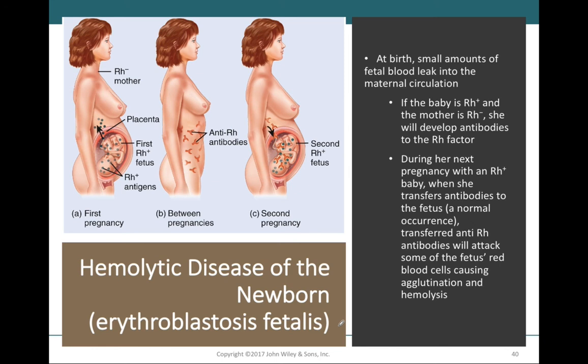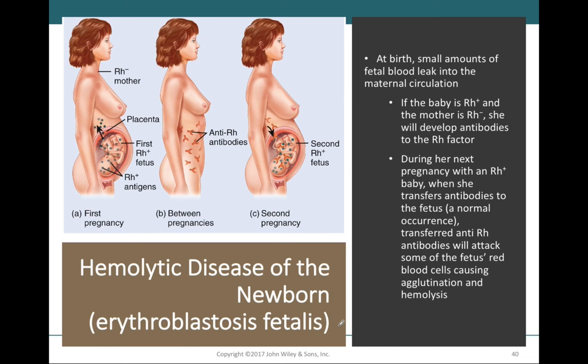Now, typically, this is not as big of a problem during the first pregnancy as is the second pregnancy. Normally, the first baby is born without as many issues. However, during the next pregnancy, if that baby is also Rh positive, just as the first one was, we will now see that the mother has those Rh antibodies present in her bloodstream.